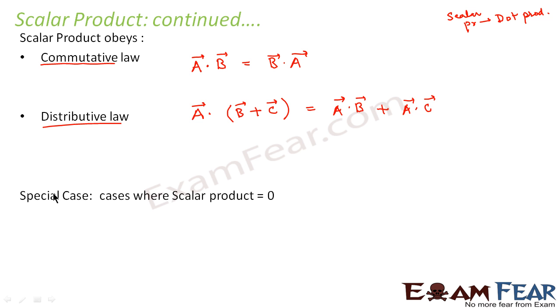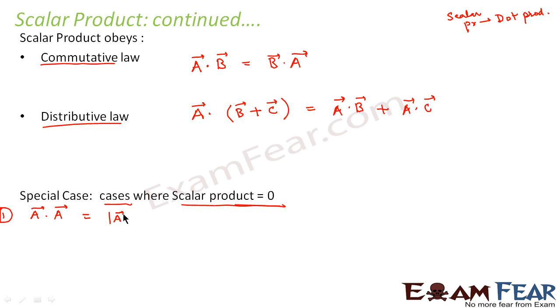Now let us consider a special case, where the scalar product is equal to 0. Let us consider a vector A. The first case we are considering is the scalar product of a vector with itself, that is A dot A. What will be A dot A?